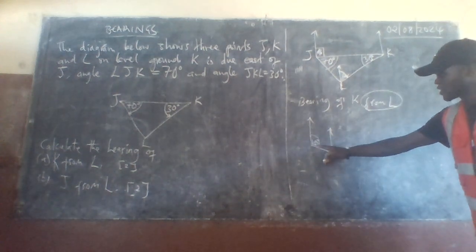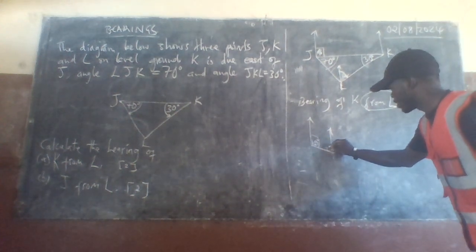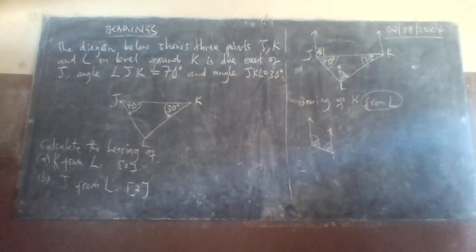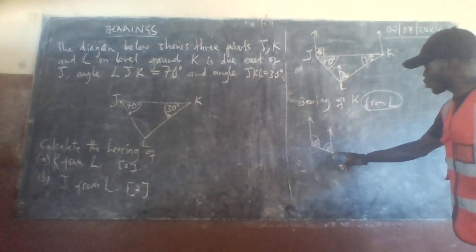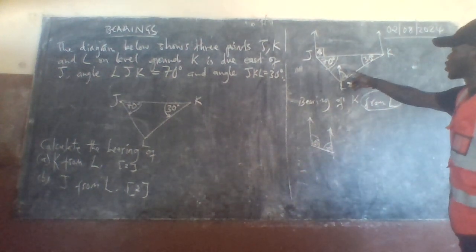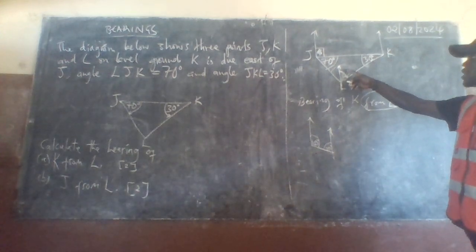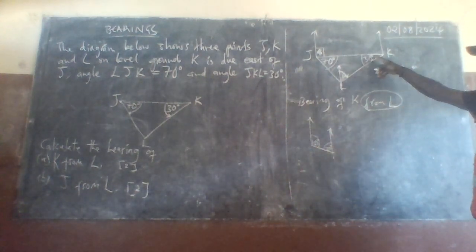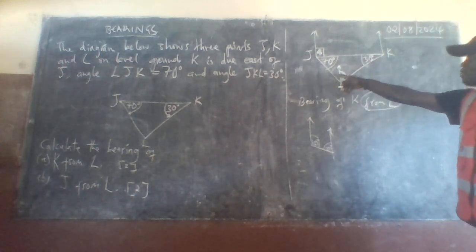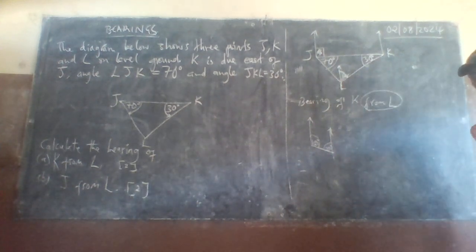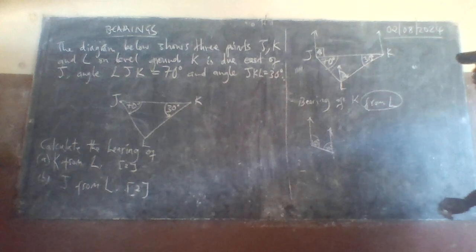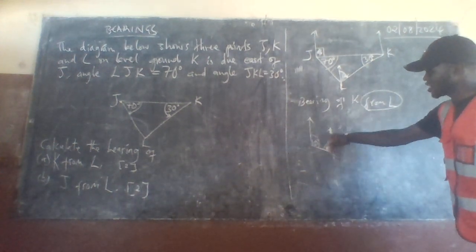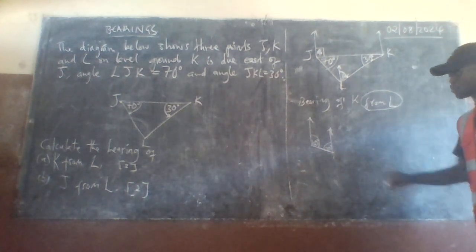So if this is 160, then this is 20 degrees. If this is 20 degrees, it is not difficult to tell what this angle will be, because 30 plus 20 plus the other angle give you 180. We have used the property of aligned angles, giving us 180.